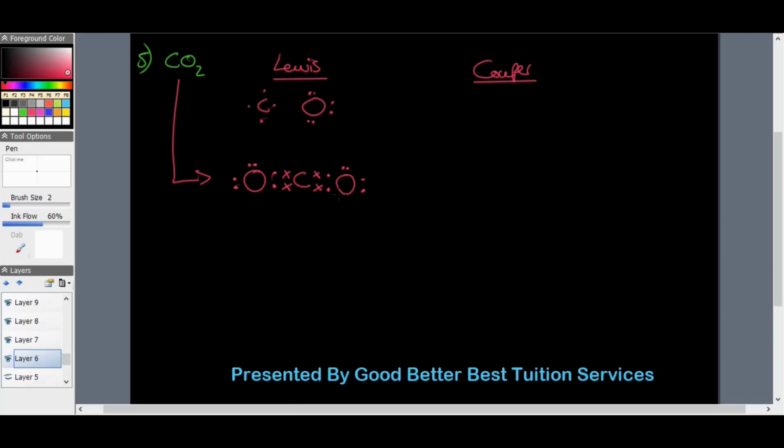Now what this is called here, we see them on either side. They are called a double bond. That's a P instead of a D, my bad. They are a double bond, which we will illustrate now in the Cooper structure, looks like this.